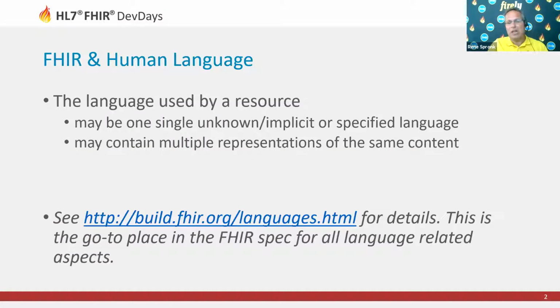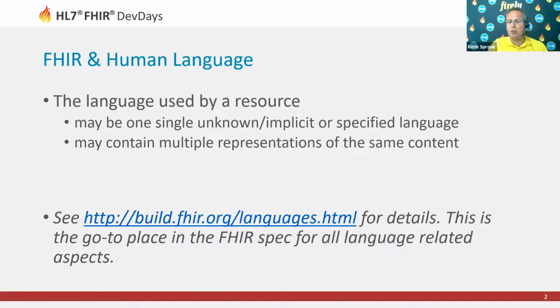Now, first of all, what we want to do is probably state or use multiple language snippets in one single resource. By the way, most of the content of this presentation is taken from one single page in the spec, languages.html, although we have added a few additional things and some examples.